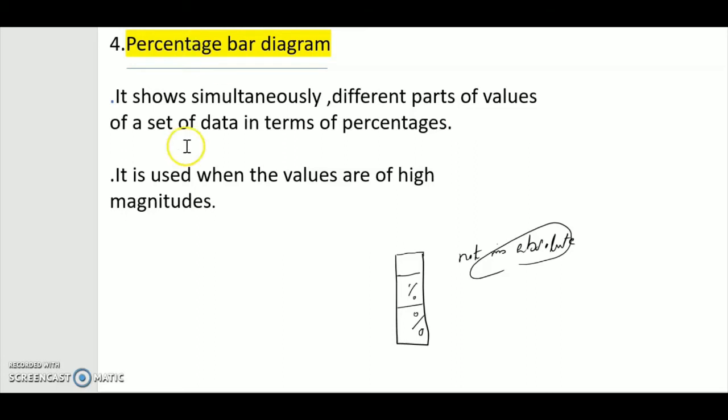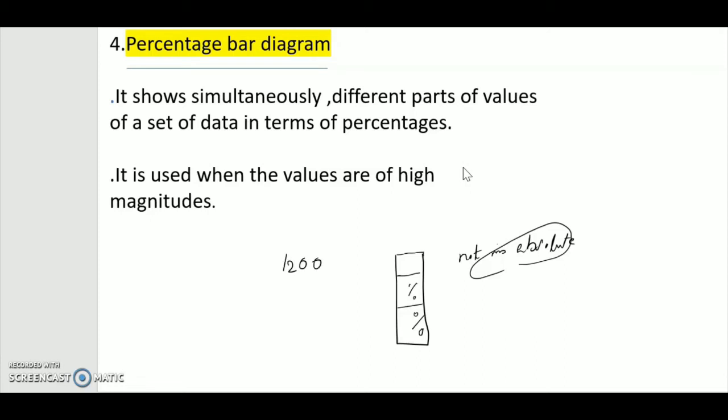So here it is given, it shows simultaneously. Listen to that term, simultaneously, different parts of values in percentages. That is the most important point of the percentage bar diagram. And when the values are of high magnitudes, we use this percentage method. Suppose the value is 1200.